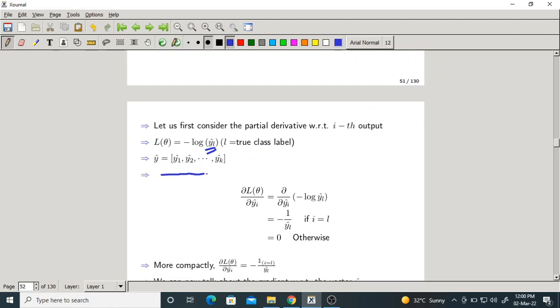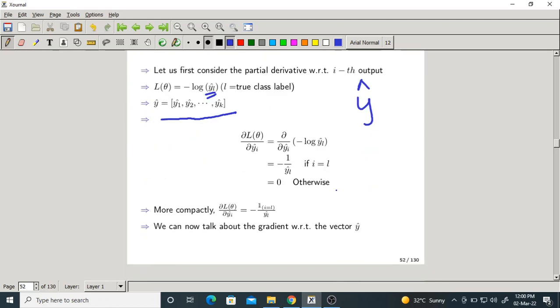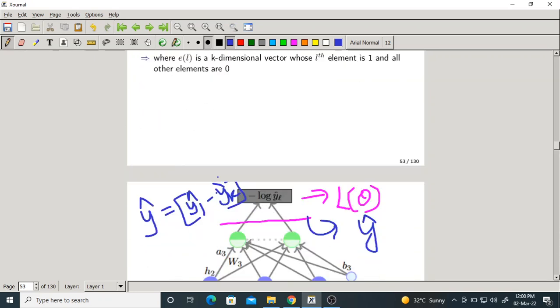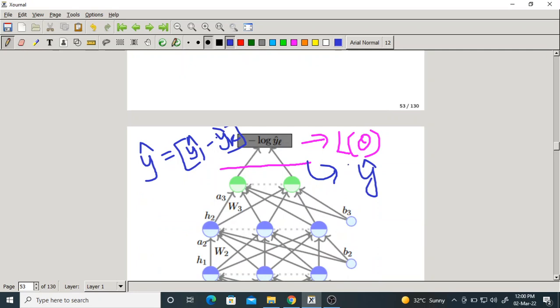Now Y hat is all the combinations of predicted values. Actually, what is Y hat? It is the distribution of predicted values. What distribution? Probability distribution. Okay. So first I want to find out the gradient of the output layer. What output layer? Y cap or Y hat, both are okay.